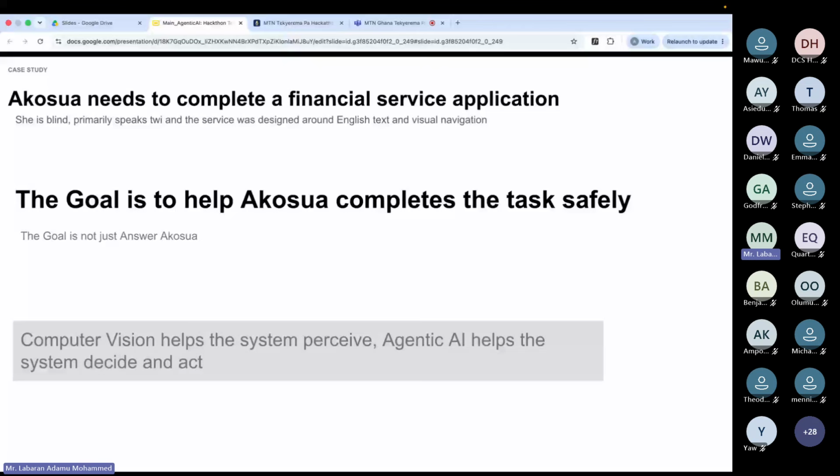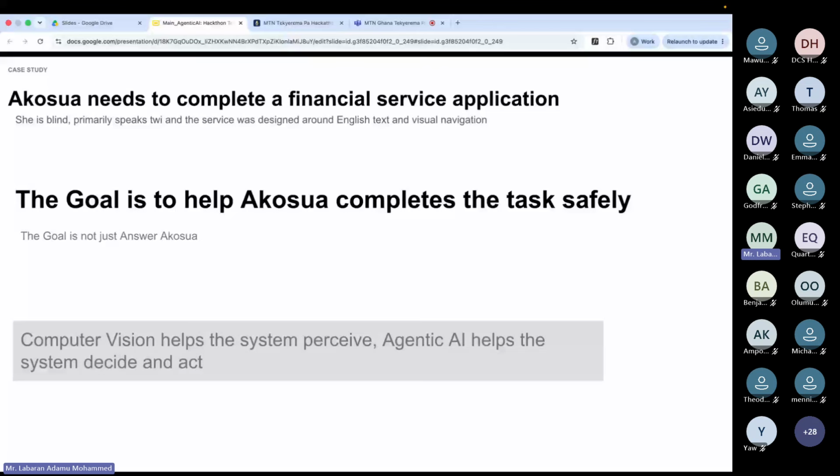The agent decides: have you provided all the information that we need to be able to help you? Since the agent knows this person only understands Twi, it won't ask questions in English. And since the agent is aware that this person is blind, it won't just show a prompt on the phone. It will use a voice service to talk to the user.